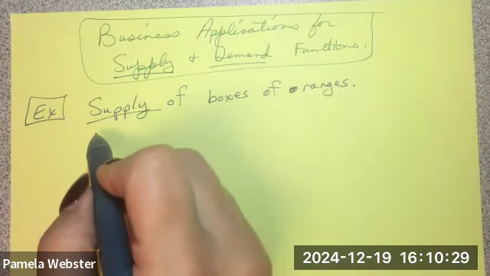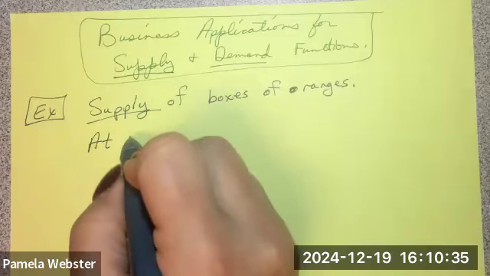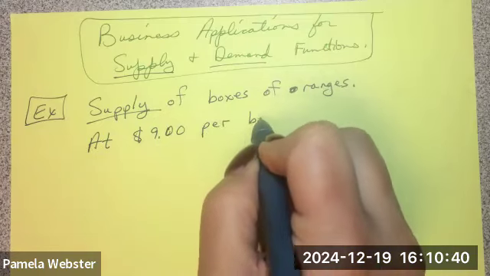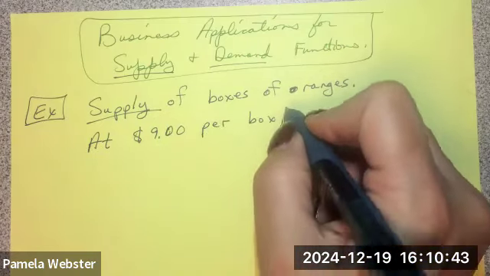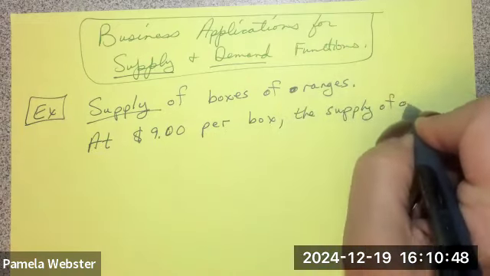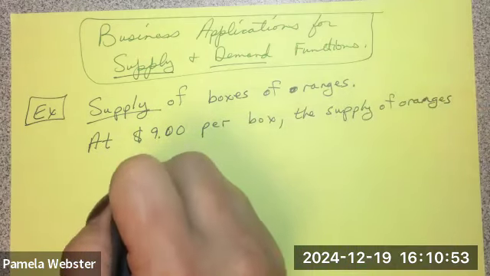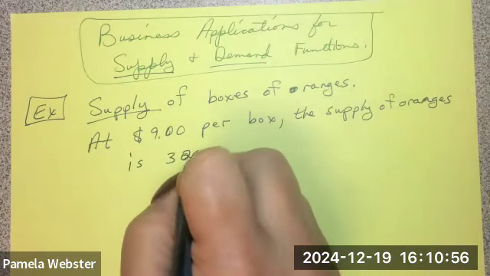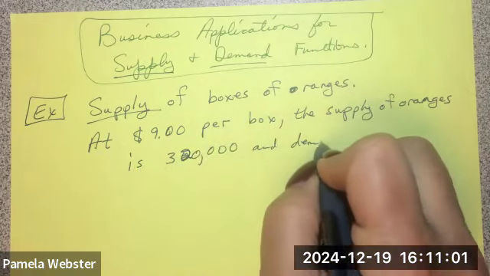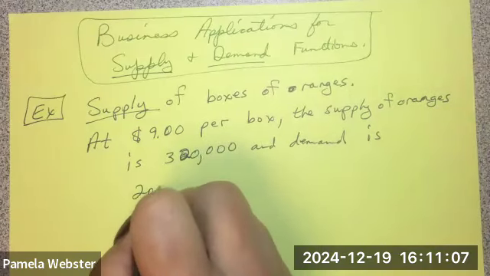And what this problem says is that they have decided that at $9 per box, the supply of boxes of oranges would be 320,000 boxes of oranges. And the demand is 200,000 boxes.